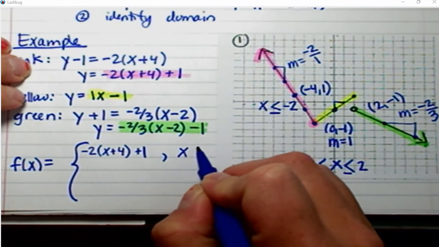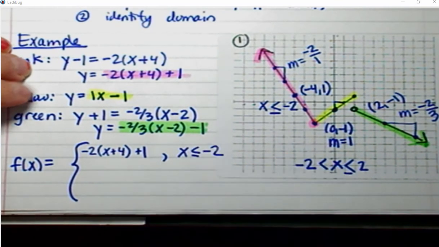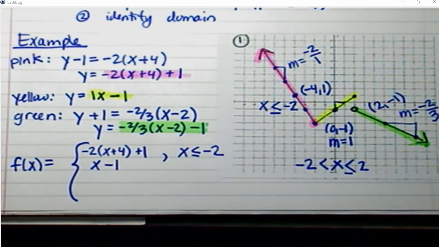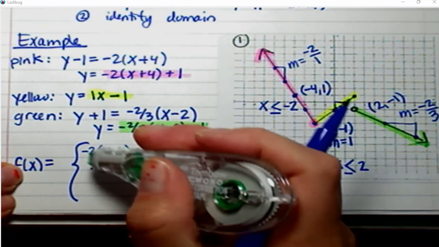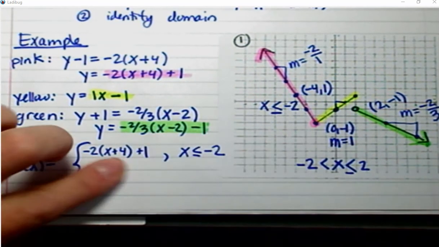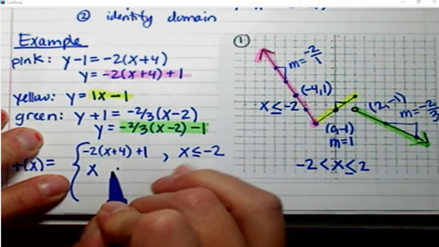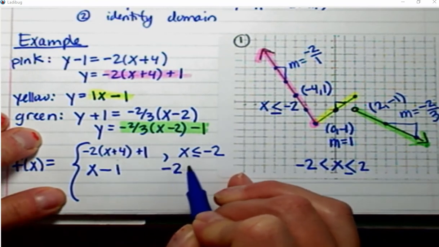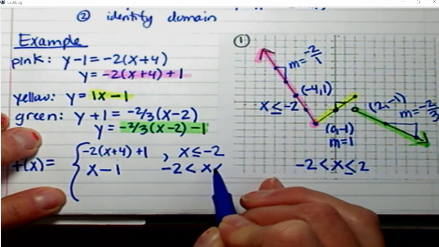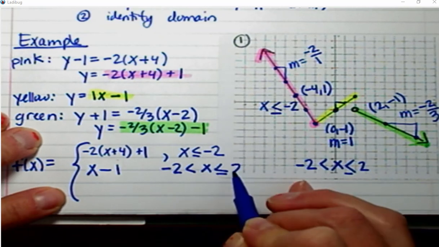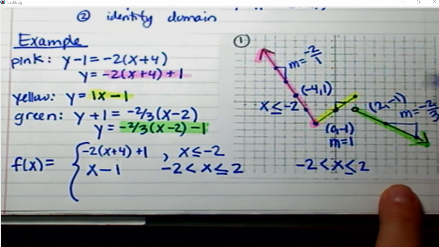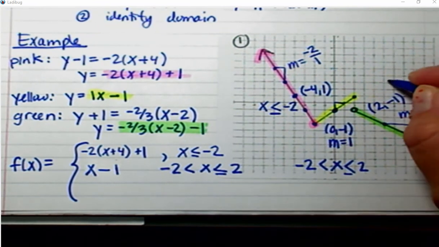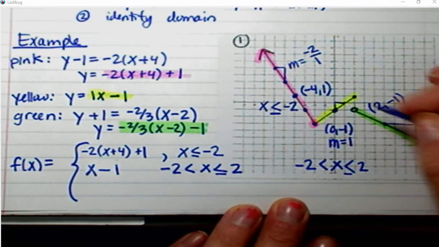So here, right, yellow, right. And then green. Green starts at 2 and goes to the right.